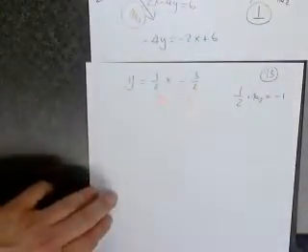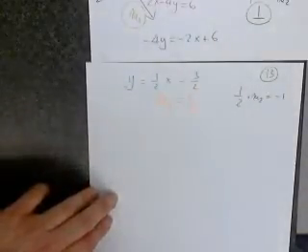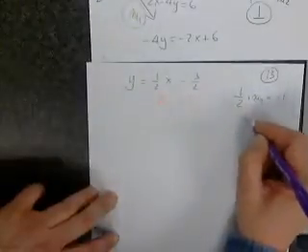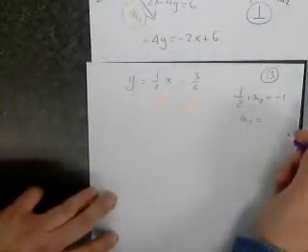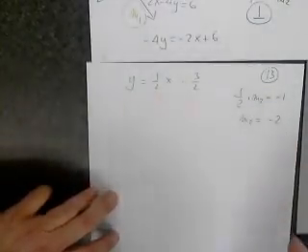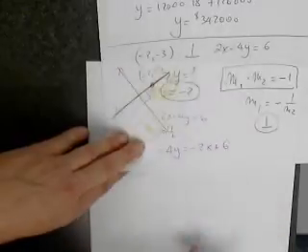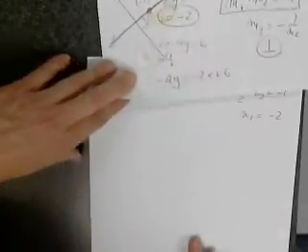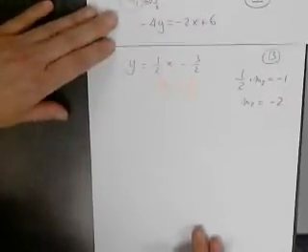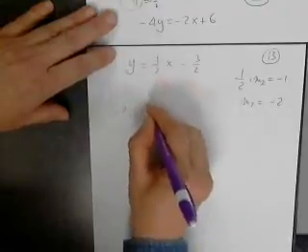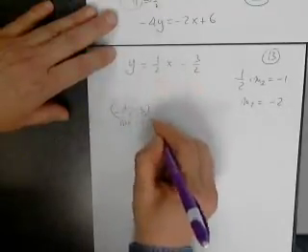What should I do to both sides to get it? Good. So then M2 equals negative 2. So then if M1 is 1/2, M2 is negative 2. So now I have the slope and the point. I have the point negative 2, negative 3, and I have the slope negative 2.